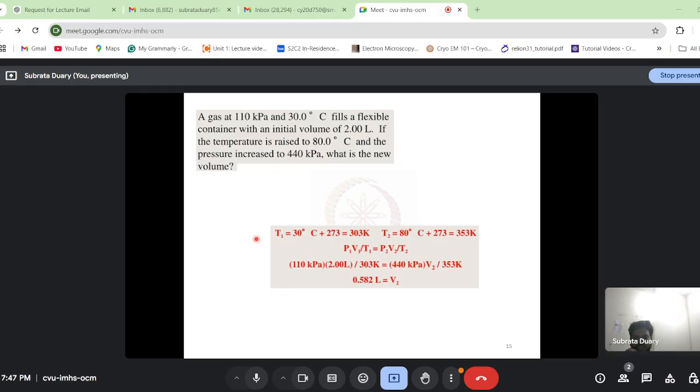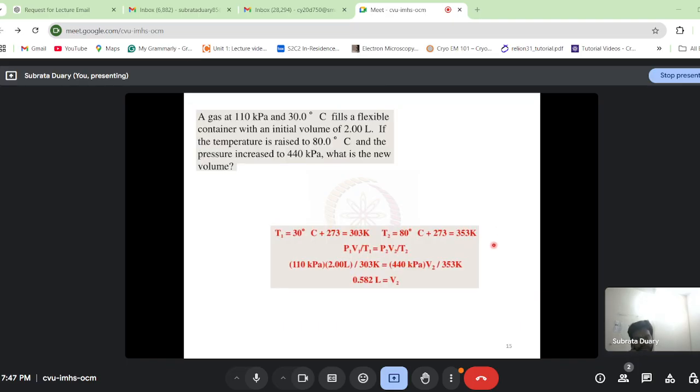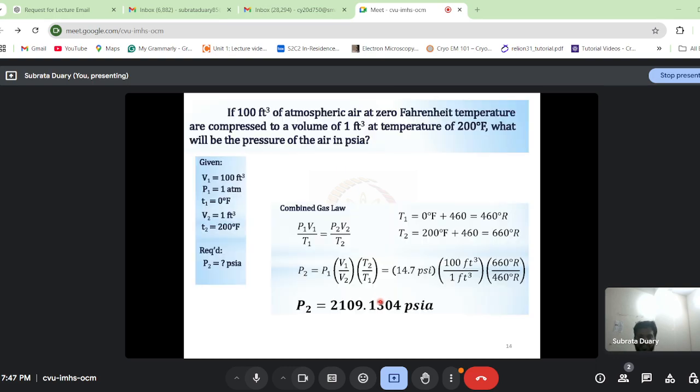As you know, T1 is 30 degrees Celsius, so you convert it to Kelvin. In the same way, in this case, from Fahrenheit you have to convert to Kelvin. If you do all the calculation, you will get V2 around 0.582 liter. These questions will be very helpful for CSIR NET and GATE as well.